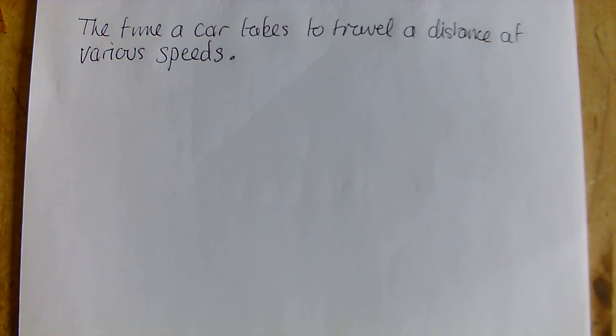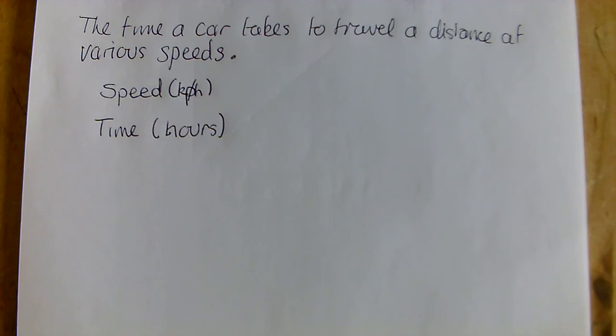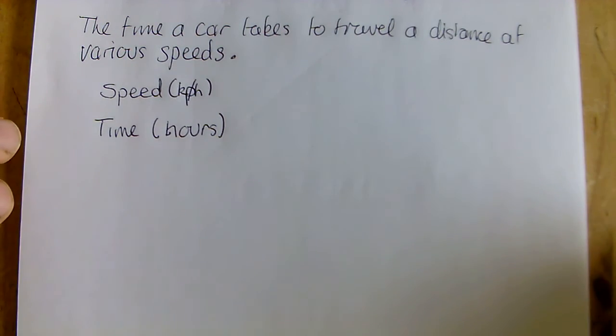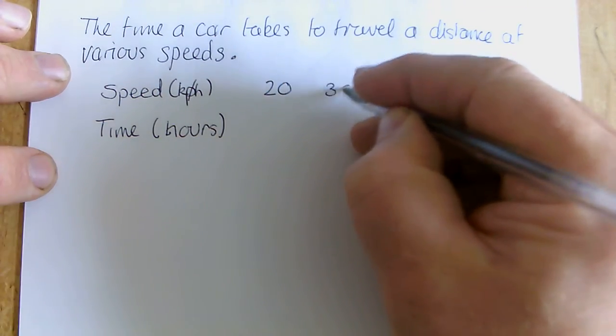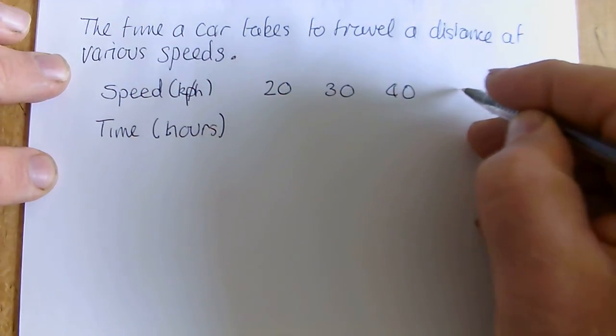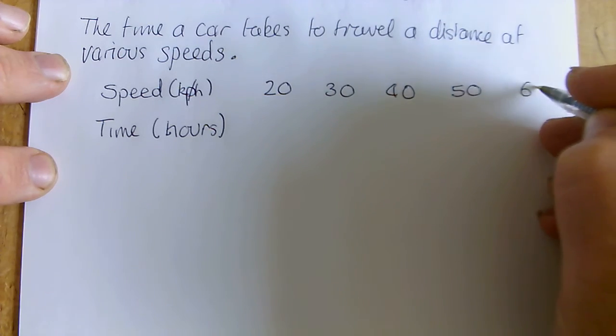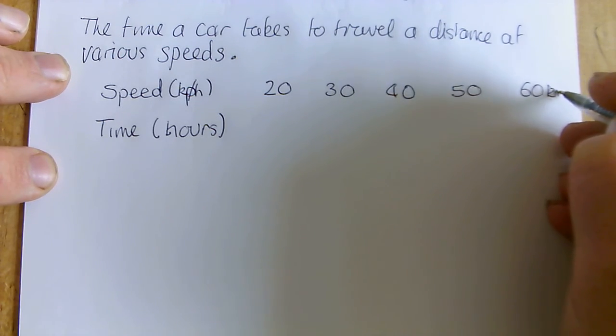And this sums up how inverse proportion works. Another example is the time it takes a car to travel distances at various speeds. The faster the car goes, the less time the car takes to do the journey. Let's say we look at journey times for speeds such as 20, 30, 40, 50 and 60 kilometers per hour.